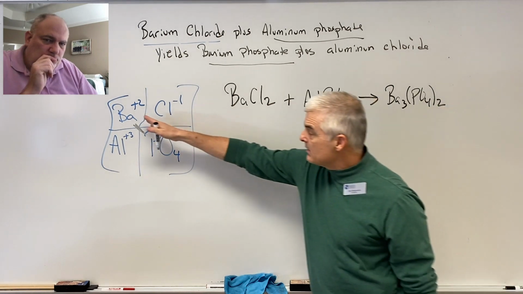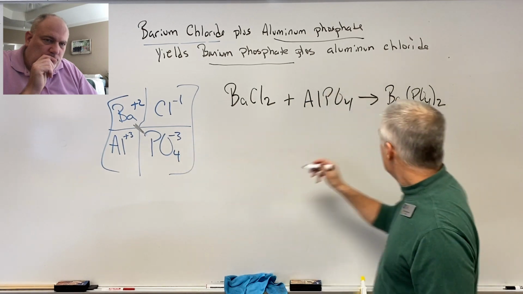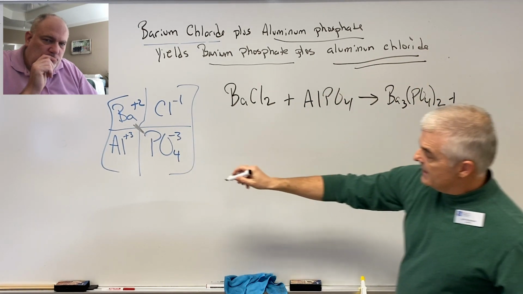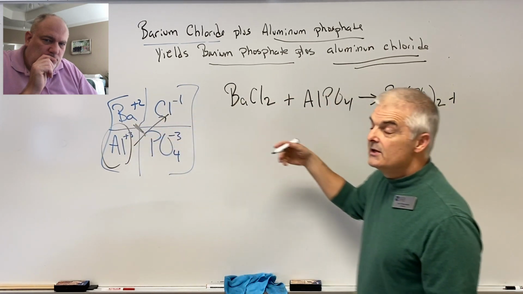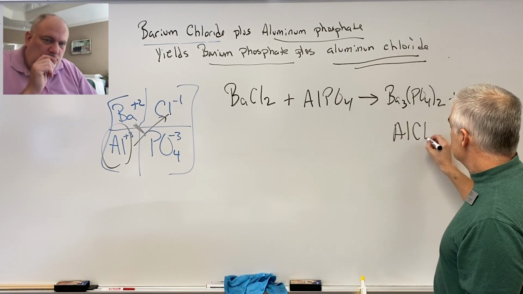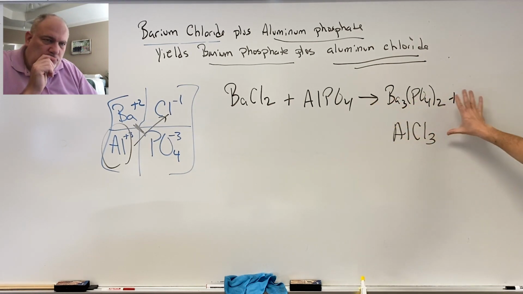I need 3 bariums to get to +6, 2 phosphates to get to -6, plus aluminum chloride. Now I'm going to put aluminum and chloride together, +3, -1. You need to get to a +3 charge and -3. That's AlCl3.